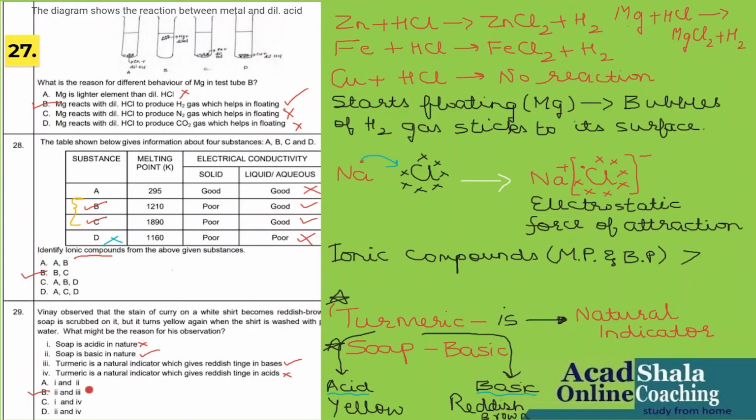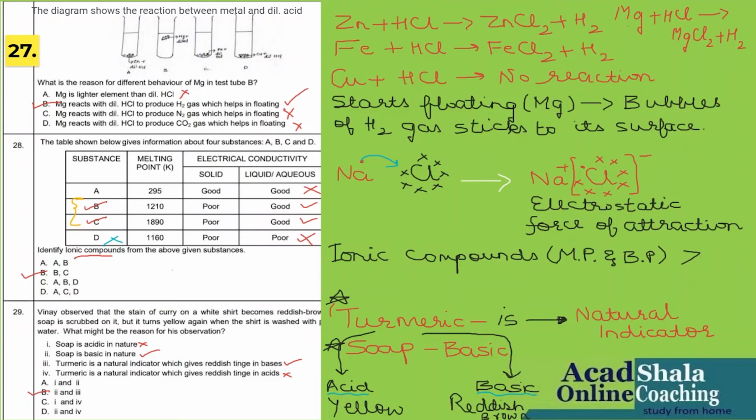Now, I have to choose among the four options. A says 1 and 2, B says 2 and 3, C says 1 and 4, and D says 2 and 4. So I have come to the conclusion that B is the correct appropriate answer. So I've chosen B for this question.